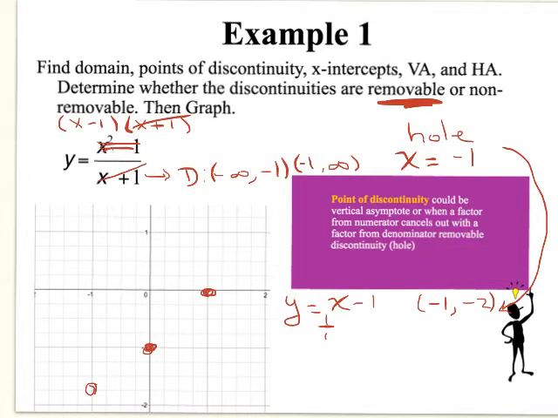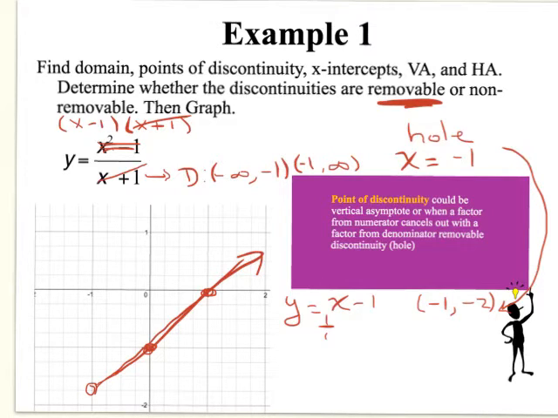And then I can go backwards, down 1 over 1, which is my hole. So there is my linear line, and sending it backwards gives me the rest of the line. And keep in mind that hole there has to be open, because the domain doesn't go through there, it's undefined at that point. Okay, so that's that example.